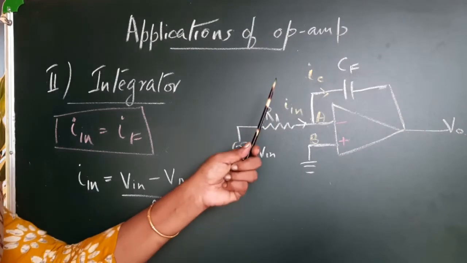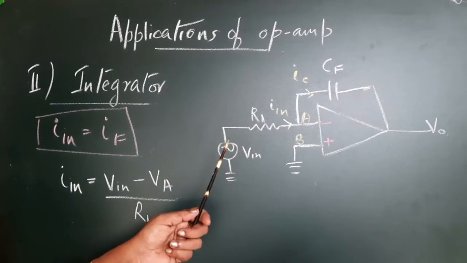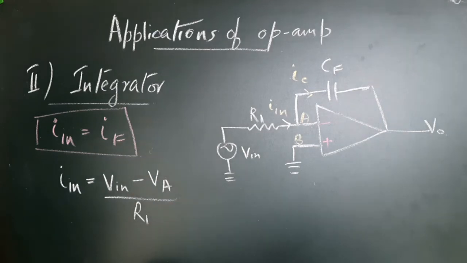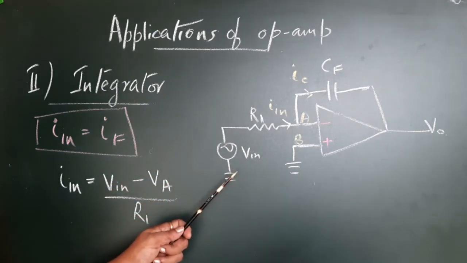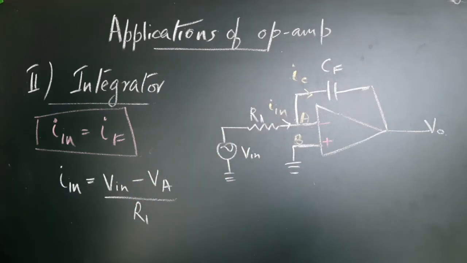I have replaced the capital letter I with a small letter because you know that in the case of integration, the signal will definitely be a varying signal or an AC signal. That is why small letter i has been used.